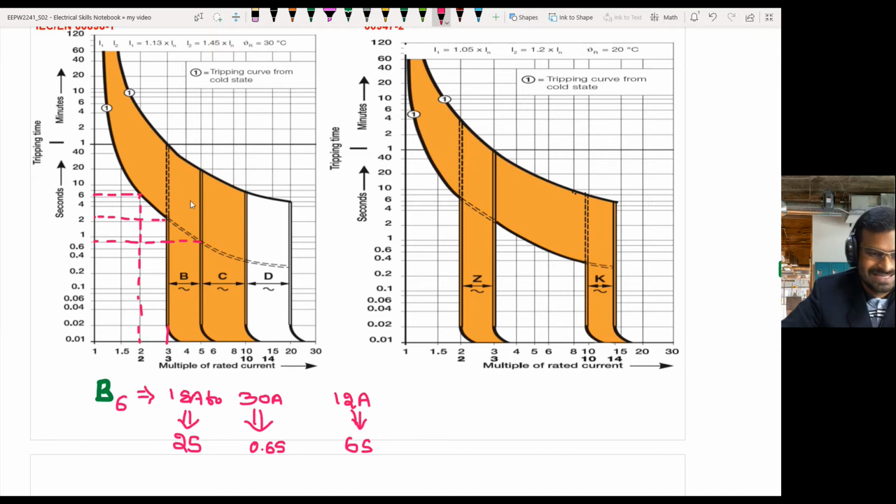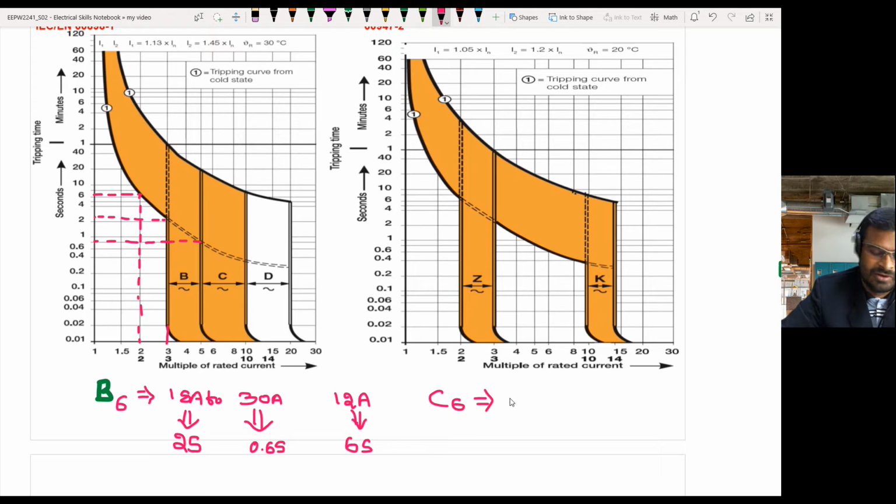Let us see, for the same example, one more type of MCB, say C6. Let me take a C6. Again we can write the trip range for this.